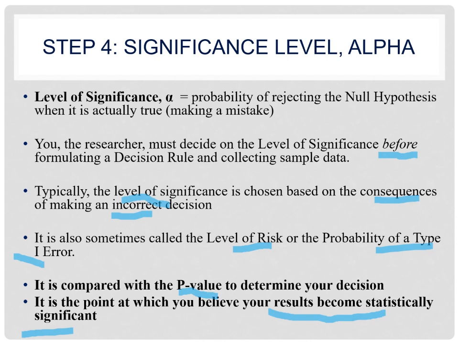If you don't want to risk more than a 5% chance that I'm wrong, well, it looks like my information is telling me there's only a 1% chance I'm wrong. So since, based on my sample information, there's only a 1% chance I'm wrong, and you're willing to accept 5%, then we reject.